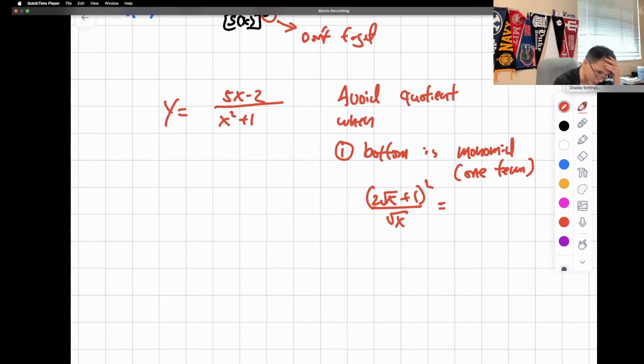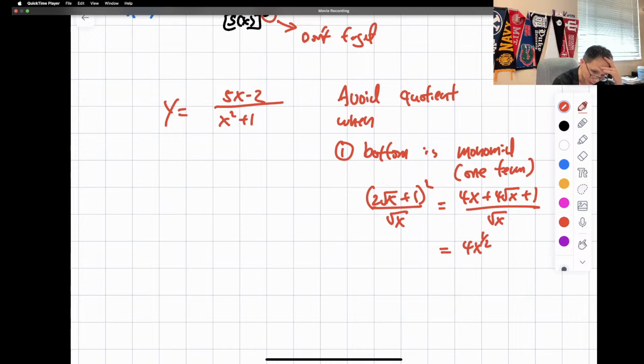I'm going to say that again, and people on the test, they just stick with quotient rule. No. When the bottom is one term, you can expand it over square root x, and change this to 4x to the 1/2 plus 4 plus 1 x to the negative 1/2.